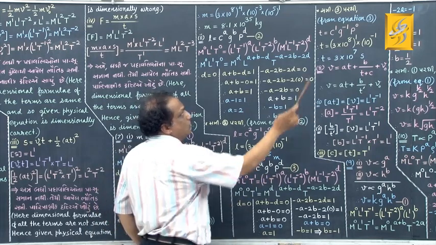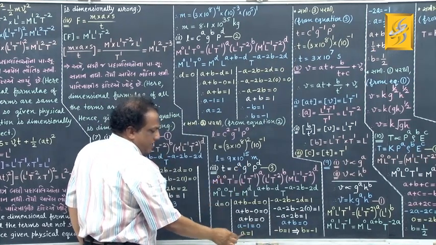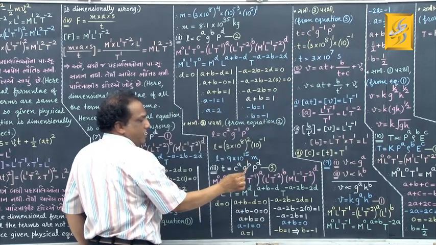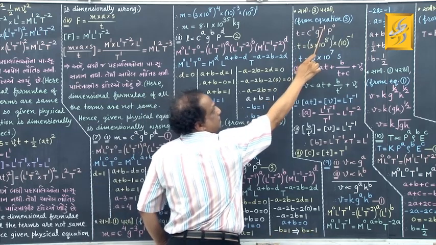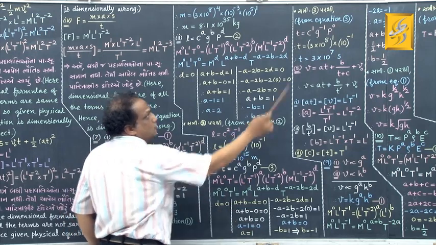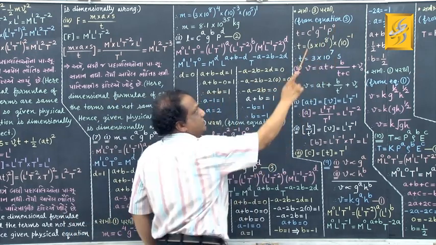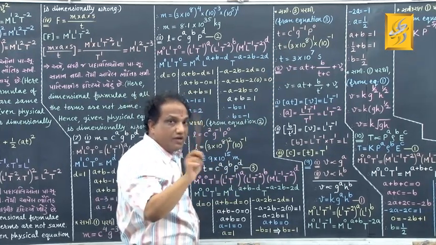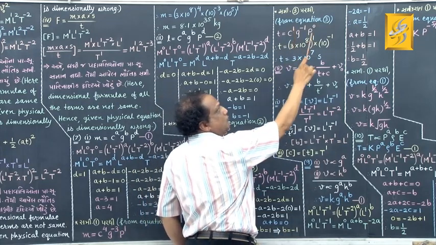T equals c raised to a, but a is 1, so c raised to 1. g raised to b, but b is minus 1, so g raised to minus 1. And p raised to d, but d is 0, so p raised to 0. Now p raised to 0 is 1. c is the velocity of light in vacuum given in the statement, 3 into 10 raised to 8 meter per second, whole raised to 1.